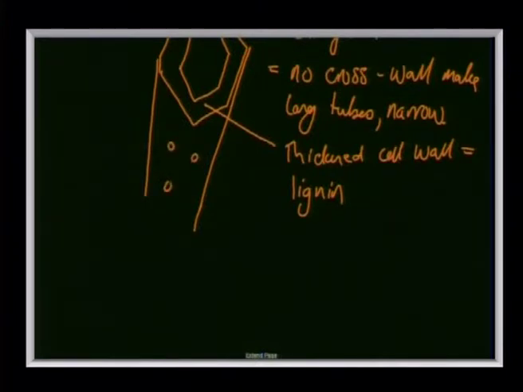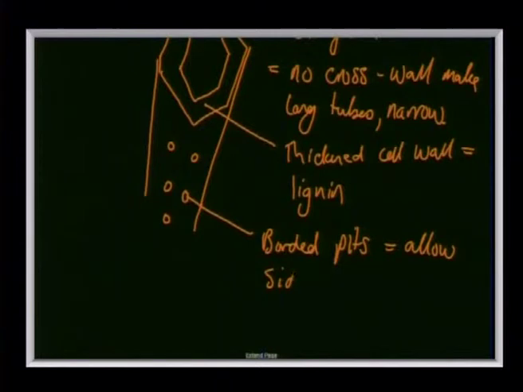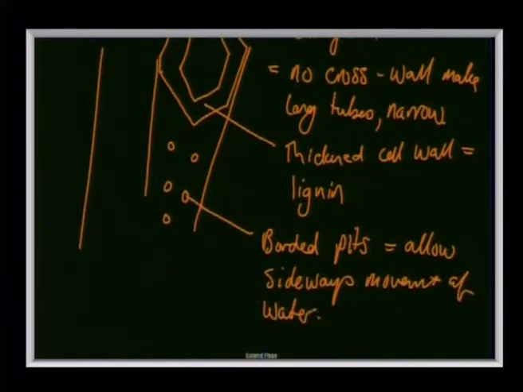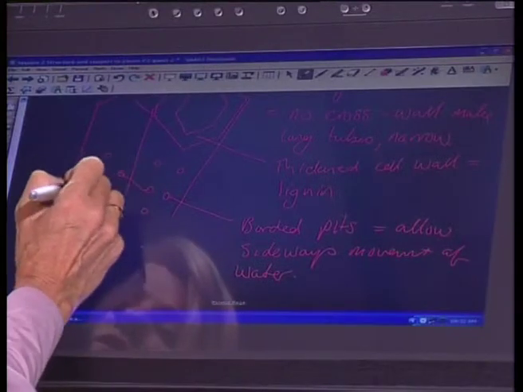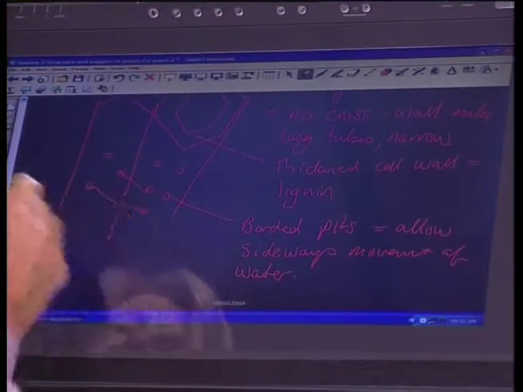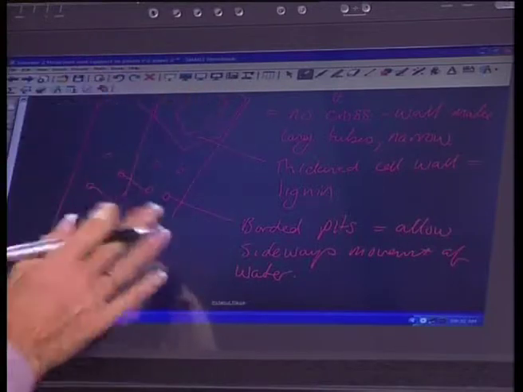We've got bordered pits, and they allow sideways movement of water. Okay, because remember you'll have another xylem vessel over there, and this one will also have bordered pits, so the water can move from here into there and from here into there happily because this wall is waterproof.